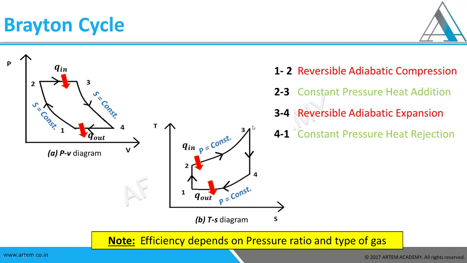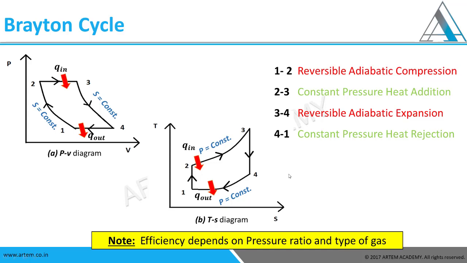And same as during the compression, during the expansion process, the temperature decreases and it comes down. Finally, from 4 to 1, there is the heat exchanger that is used to remove the heat. And that's why the temperature is finally decreasing and coming back to its original position. And that's constant pressure heat rejection.